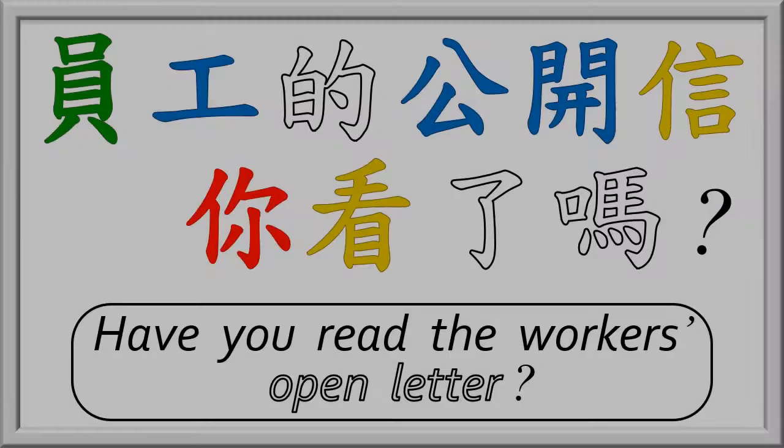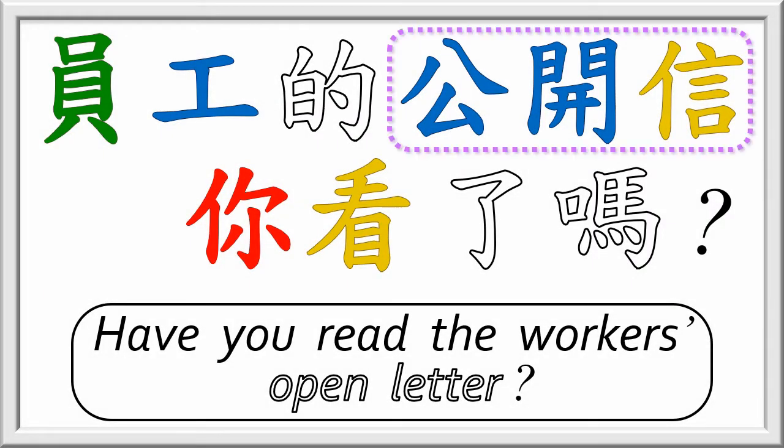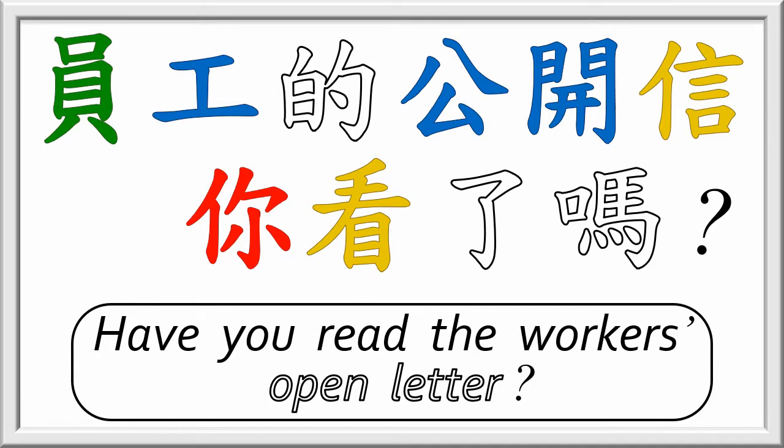For example, 公事包, a briefcase, literally a bag for official business. The adjective for public and the verb for to make public is 公开, as in this sentence. 员工的公开信你看了吗? Have you read the workers' open letter?